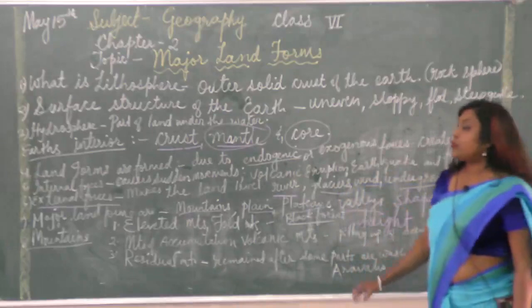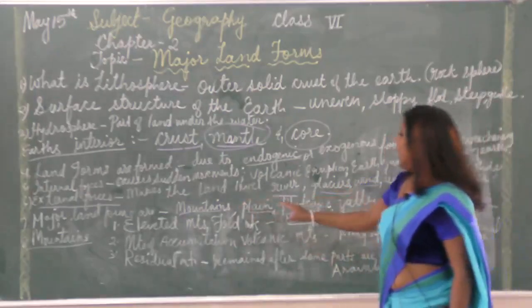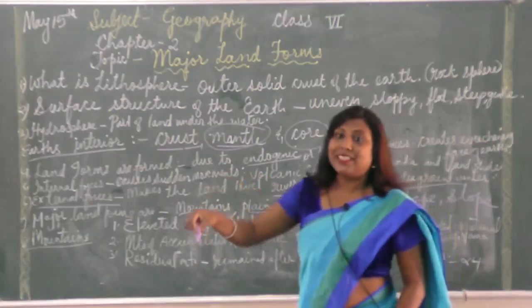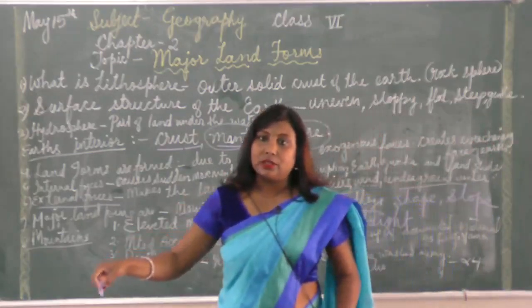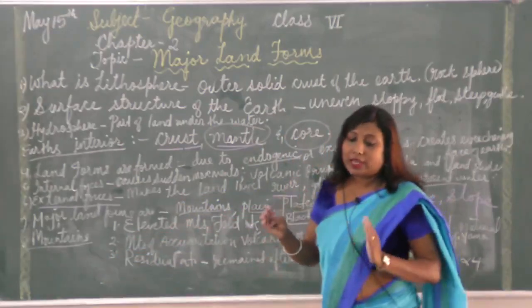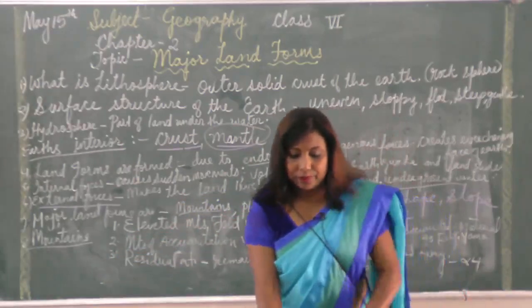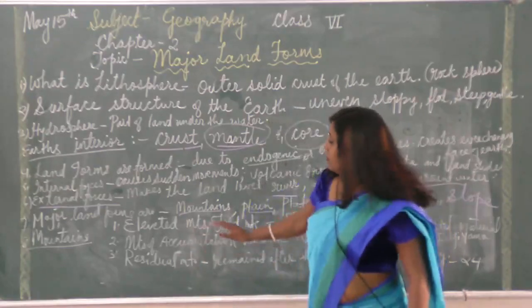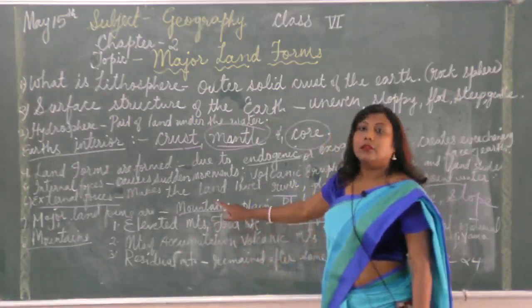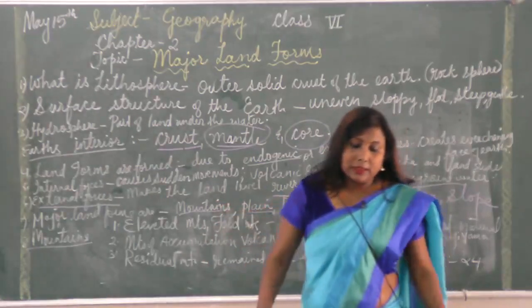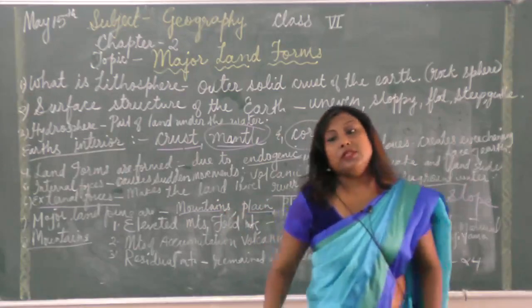Now whenever you measure a landform, the height is always measured from the mean sea level. This gives you the accurate height of the landform. Now let's see the first major landform, the mountain. And what are mountains?